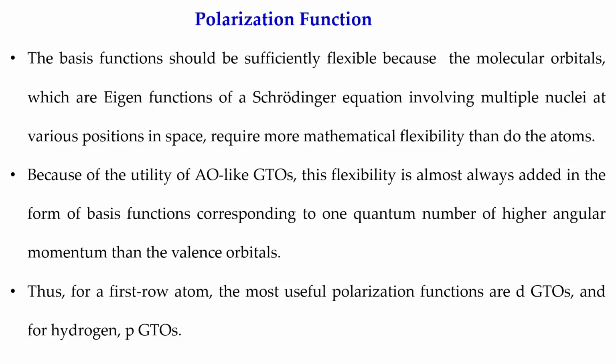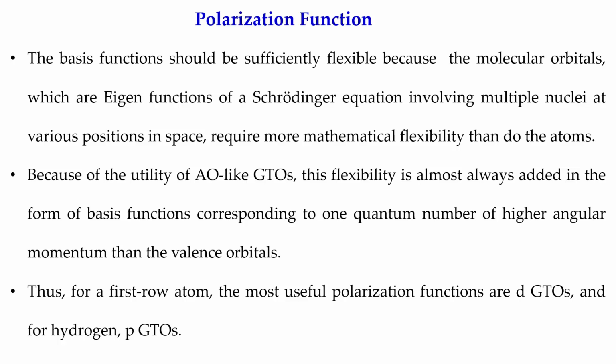When angular momentum becomes higher, the flexibility of the electrons becomes higher. So if we want to replicate the polarization phenomena in our basis set, we have to add more functions which have higher angular momentum.